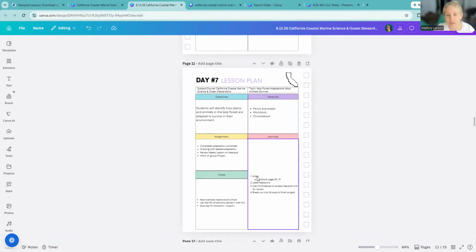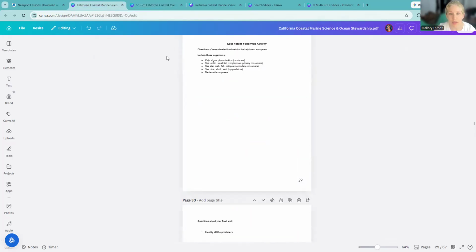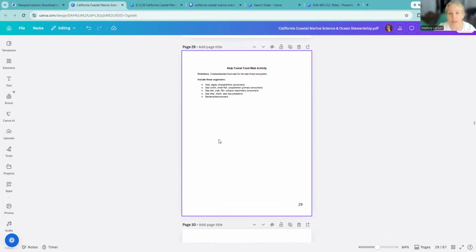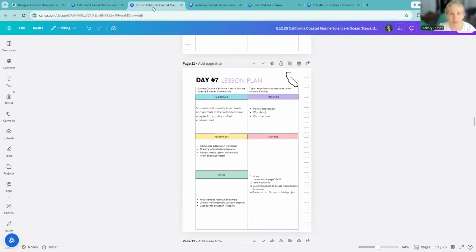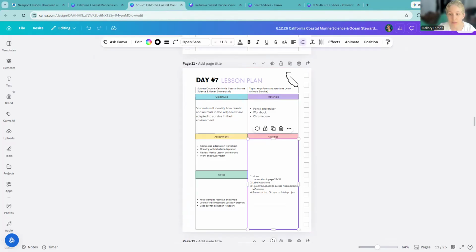I would do a couple of slides, and their workbooks are geared to be compatible with my slides. Then in their workbook, they have to label a food web and create their own.